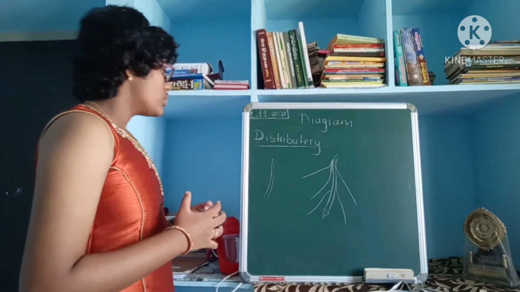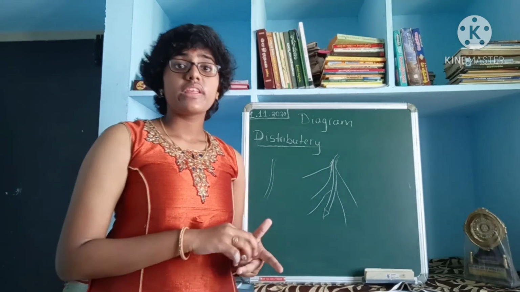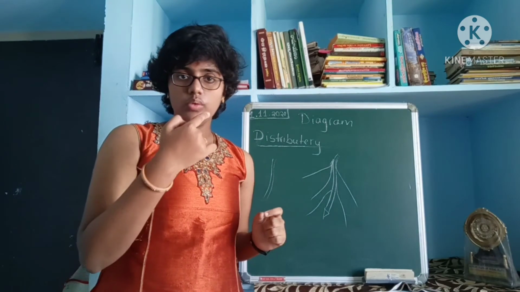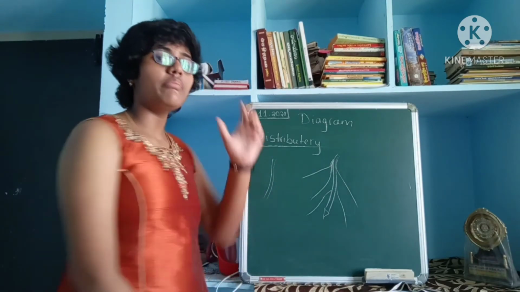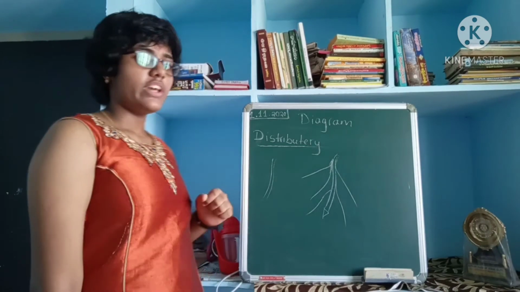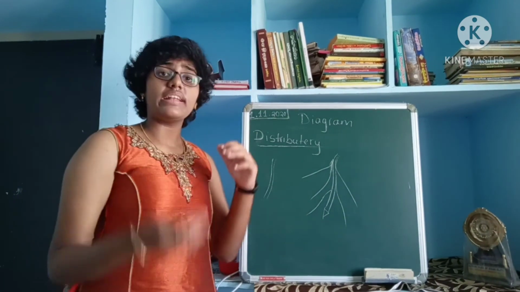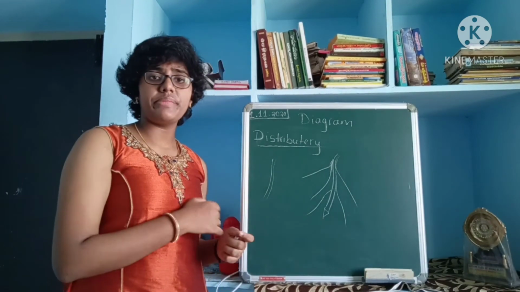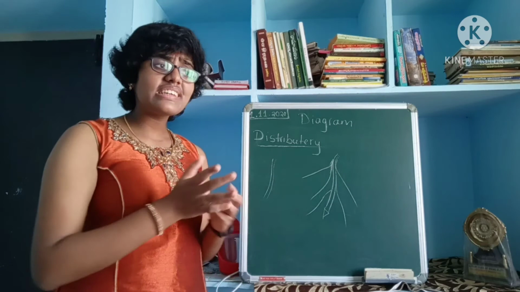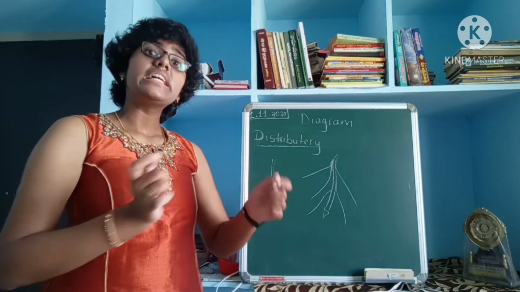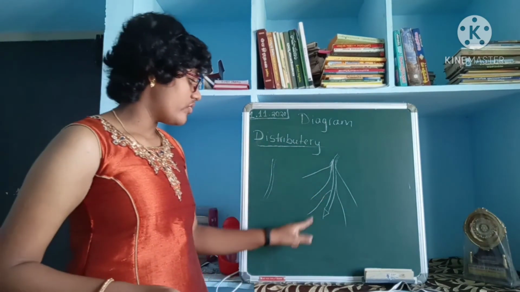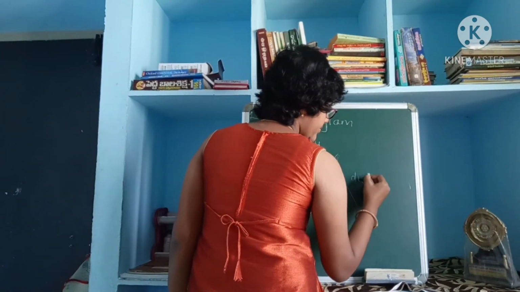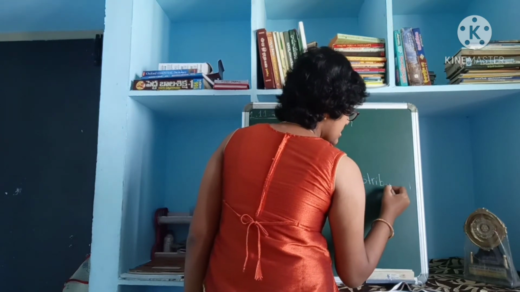Because of those sediments, when the river reaches its mouth, the place at which the river merges into the sea or an ocean, the river, because of the heavy sediments and heavy dust particles, just gets divided. Those divided ones are known as distributaries.